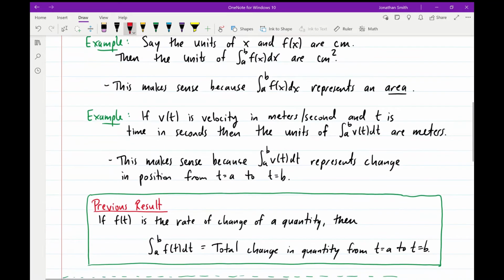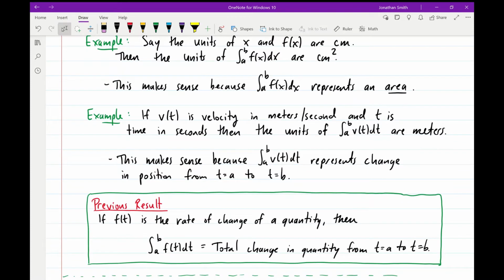Okay, and another example we've talked about: if we have a function v of t that gives us velocity, say in meters per second, and t is time in seconds, then the units of the definite integral of v of t dt are going to be meters, because meters divided by seconds times seconds is just meters.